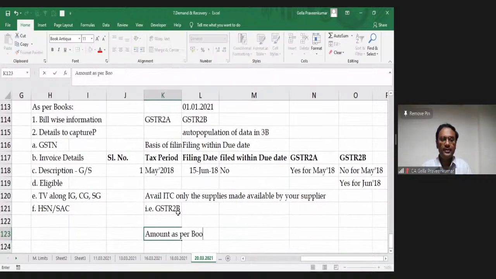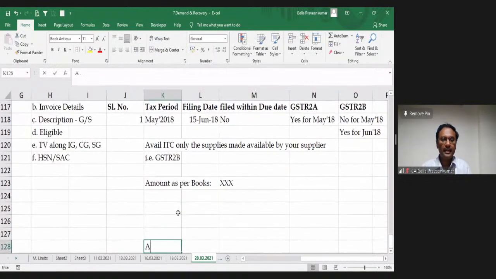Amount as per books, amount as per GSTR 2B.